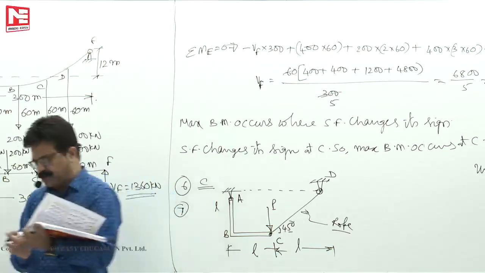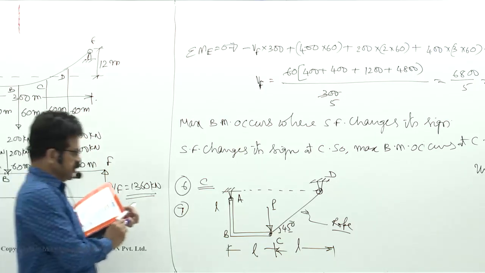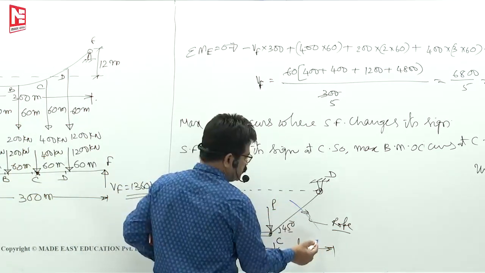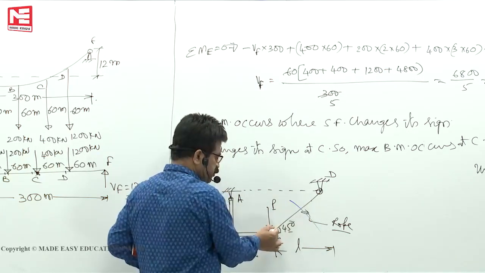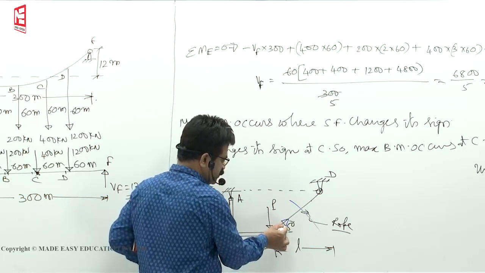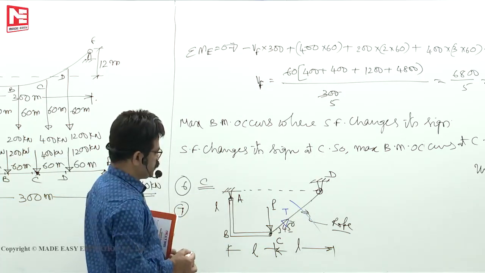This is an engineering mechanics problem actually. Magnitude of tension developed. Cut here, then it will fall down. Now it is not falling down, means the rope will exert only one tension, at an angle of 45 degrees.